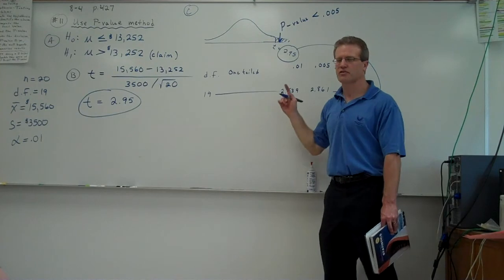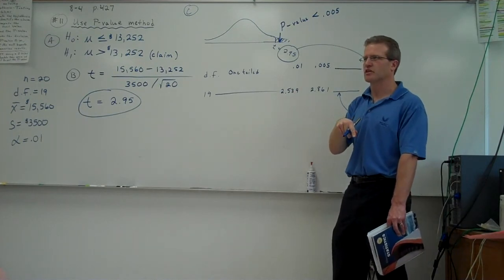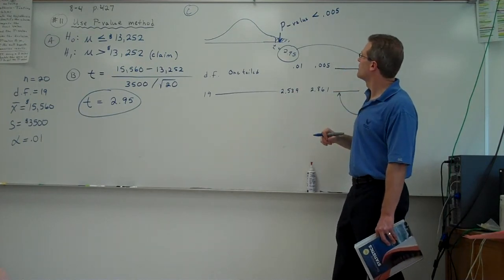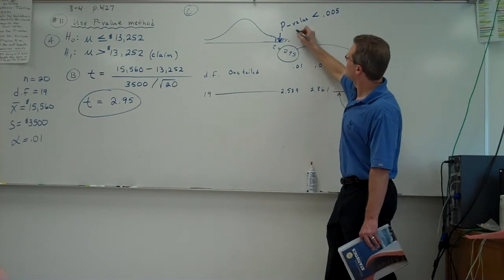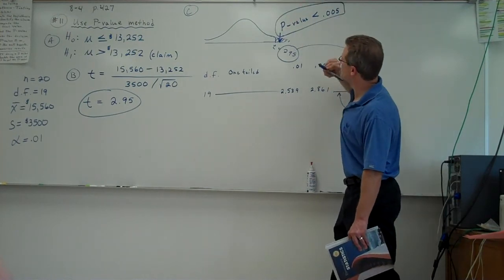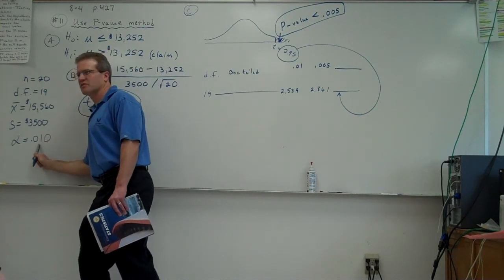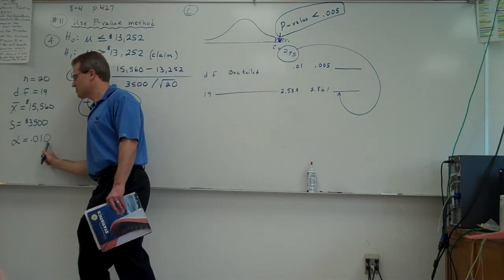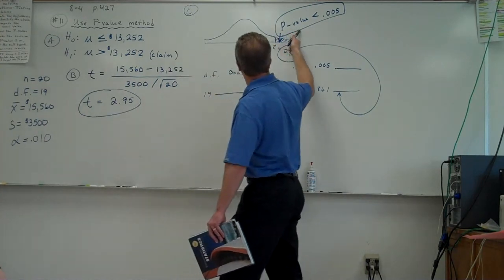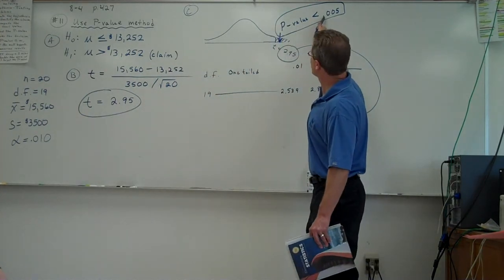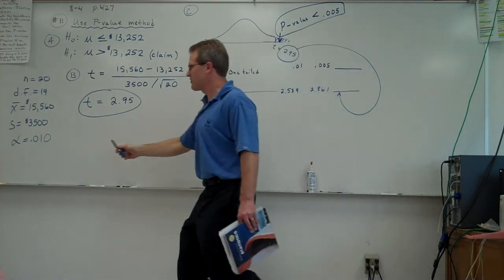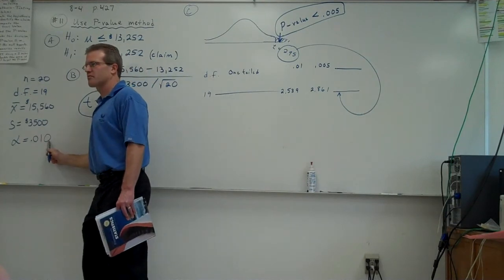If it was two-tailed, we'd have to look at the two-tailed column instead of the one-tailed column. So if it's less than 5 thousandths, let's rewrite that as 10 thousandths. This is 10 out of 1,000. This is 5 out of 1,000. So if the p-value is less than 0.005, then it's definitely less than 0.010.